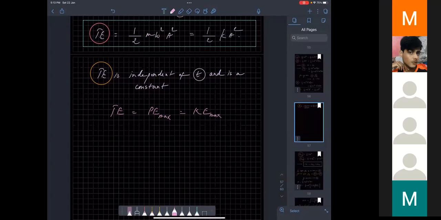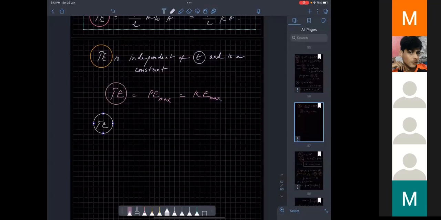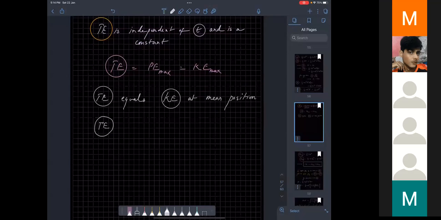Kinetic energy is max at the mean position, and equals potential energy at the extreme position. Clear?